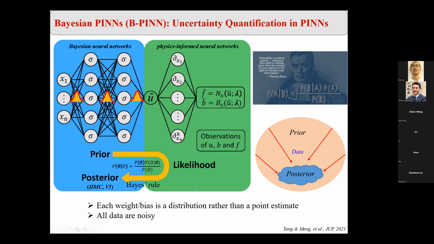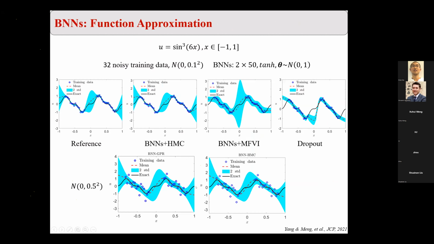So the first example is a function approximation case. We assume that we have 32 noisy training data, and I use Gaussian noise with 10% error, with a standard deviation of 0.1, to contaminate the clean data to use it as synthetic noisy training data.